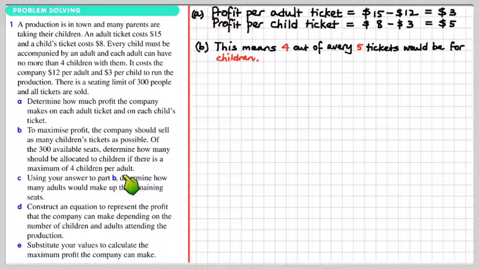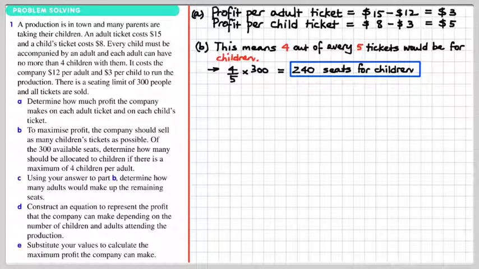No less than 4 children. If every adult's got 4 children, that would be maximising the profit, wouldn't it? Because that way you maximise the number of children. So we're saying 4 out of every 5 tickets would be children. So therefore 4/5 of 300 would be 240 seats for children. So that's the answer to part B.